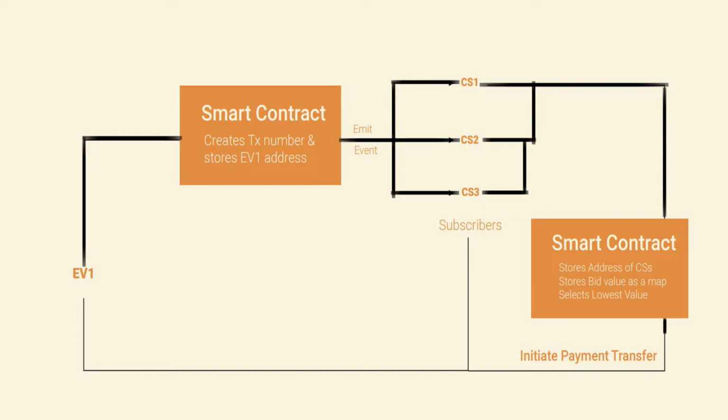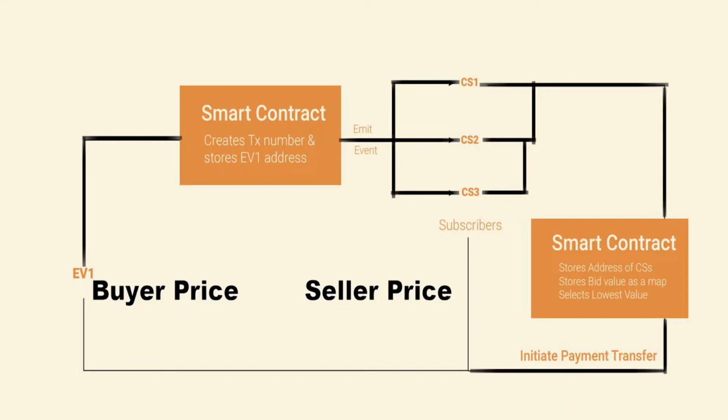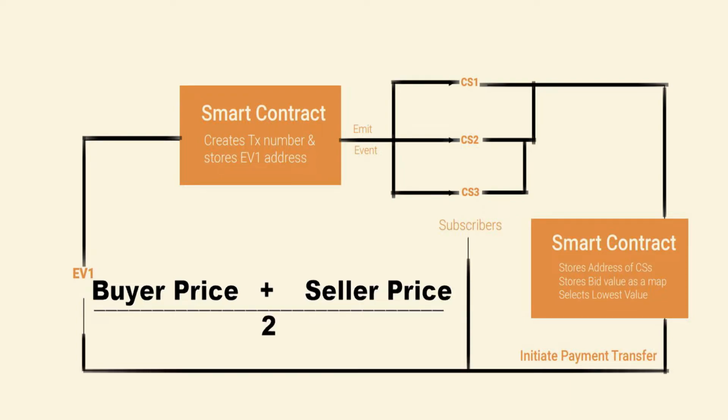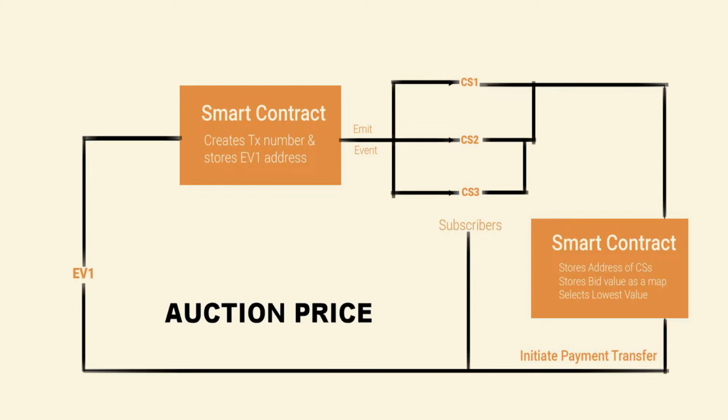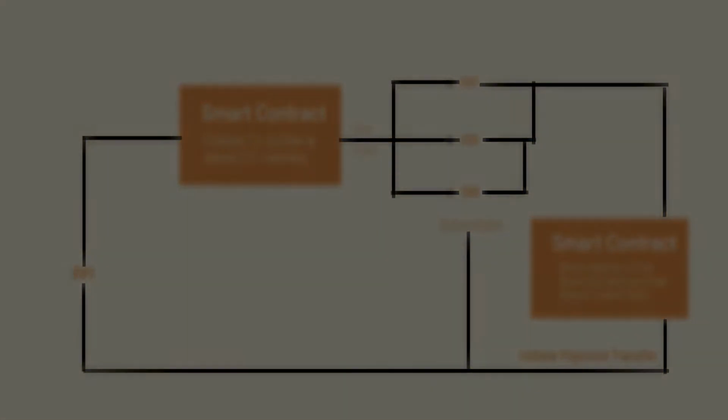The utility then takes the EV buyer price and the lowest CS seller price and uses their mean as a final auction price. Then it updates the balances of the buyer and seller respectively. If the auction happens to fail, the EV is notified and told to send another charging request.